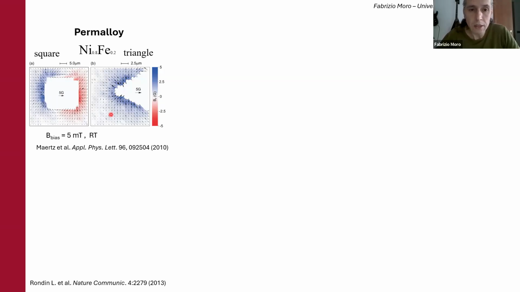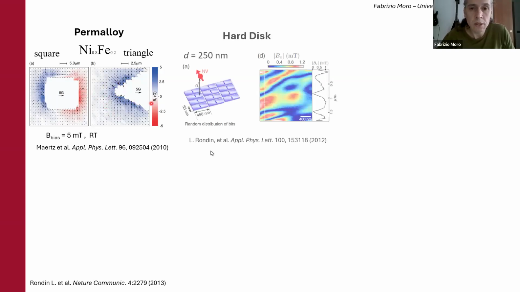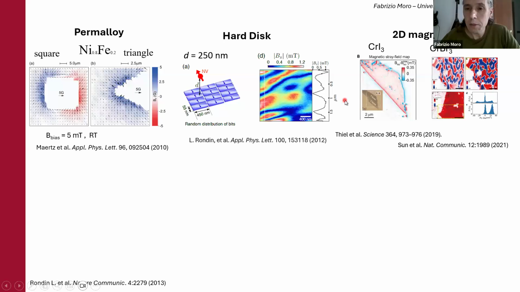by using powder of iron, they have imaged the magnetic field around permalloys with different shapes, like a square or triangle. This has also been used to image magnetic bits in hard disk devices with a high resolution, and also to study the magnetic domains in 2-dimensional magnets.